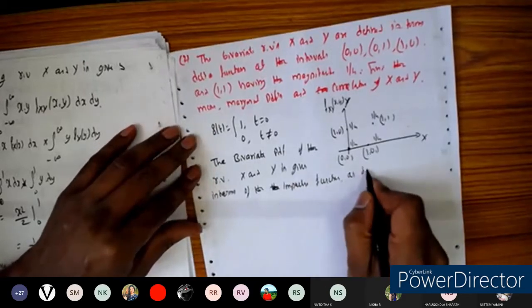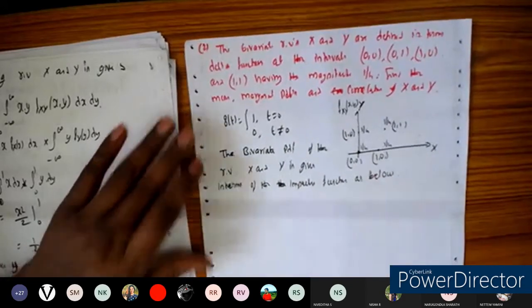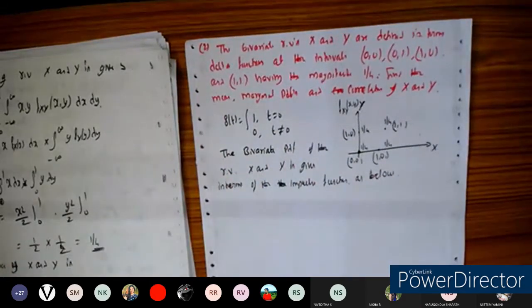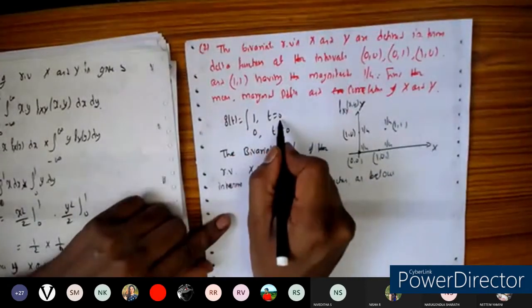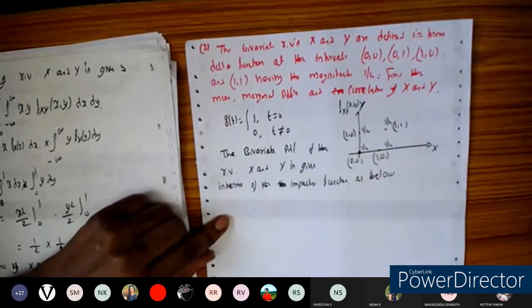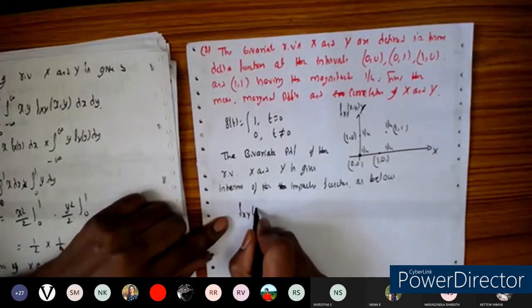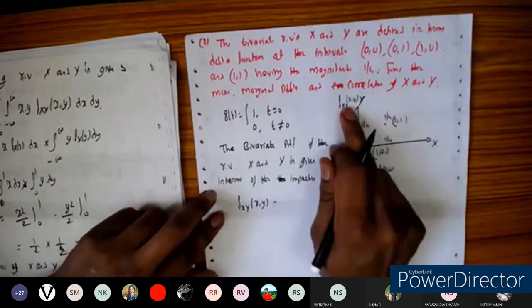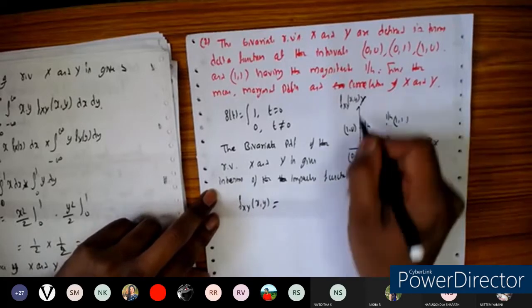We know that delta of t is equal to 1 at t equal to 0, so this is defined at 0, 0. The corresponding amplitude is 1 by 4. So f_XY of x comma y, the bivariate PDF we are considering here, is defined at t equal to 0 and t equal to 0, where one t corresponds to the x-axis and the other to the y-axis.